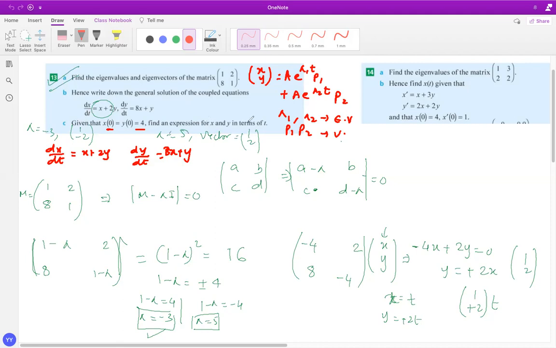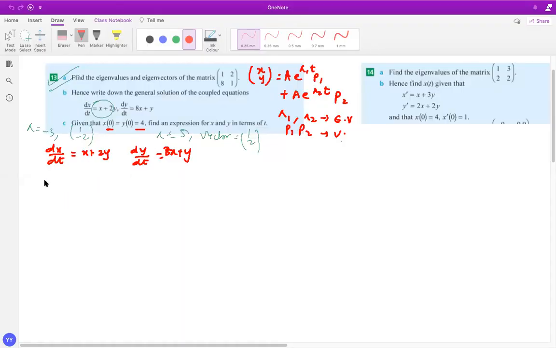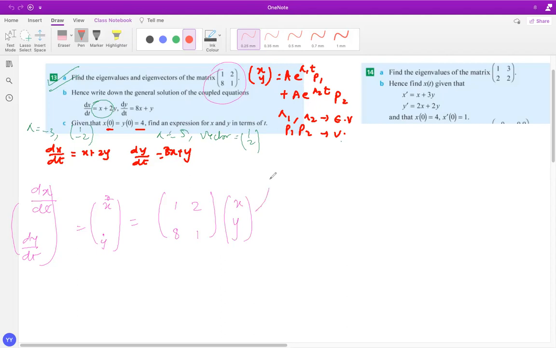Now, as we know the general solution of the equation is in this format, I'm going to use it to solve for the general solution. First I write dx by dt and dy by dt as x dot and y dot, equal to the matrix 1, 2, 8, 1, for which we found the eigenvalues and eigenvectors. The general solution is given in this format, where lambda 1 and lambda 2 are the eigenvalues and p1 and p2 are their respective vectors.